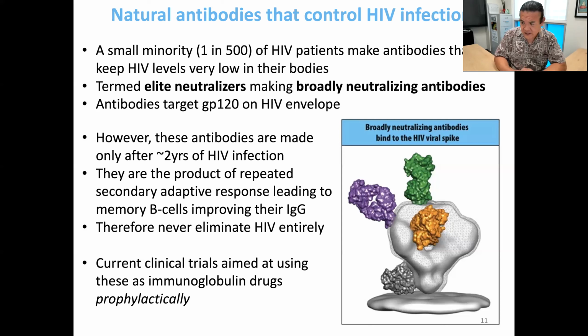In other words, there is the thought that if you have somebody who believes that he or she has been exposed to HIV, and you could infuse that person maybe the very next day with an IV with loads of these high quality elite neutralizing antibodies, then maybe whatever population of virus particles they have in the body, which would start off very low if this is only a day after they believe they've been exposed, there's a chance that perhaps these neutralizing antibodies can actually eliminate and prevent that small population of HIV particles from really beginning to grow and take over the body.